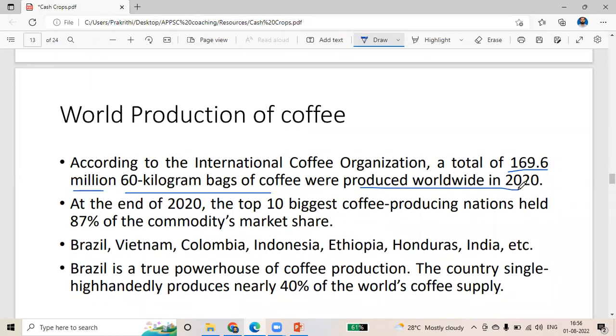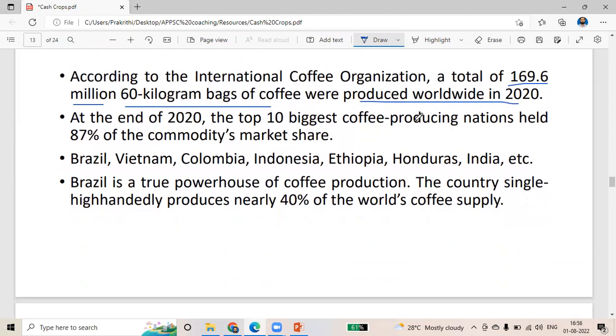That many million bags of 60 kg per pack is the production we have made throughout the world. At the end of 2020, the 10 biggest countries, including Brazil, Vietnam, Colombia, Indonesia, Ethiopia, Honduras, India, and some others, produced 87% of the total coffee production in the world.